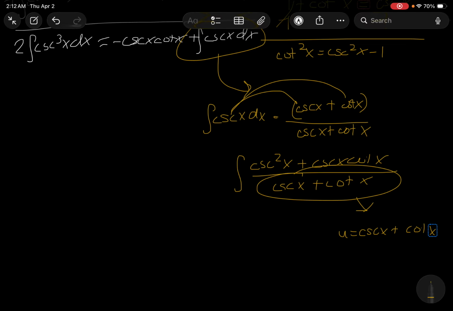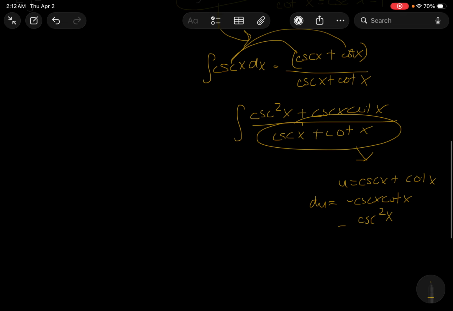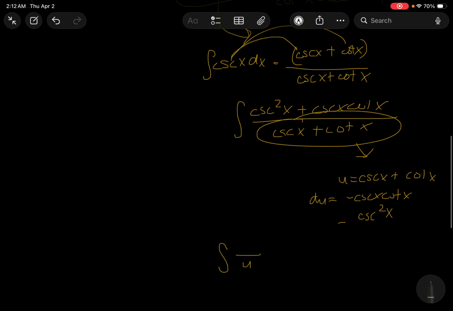The derivative of this is going to be negative cosecant of x cotangent of x minus cosecant squared of x. And now we're going to replace the denominator with u, and we're going to factor out a negative here.